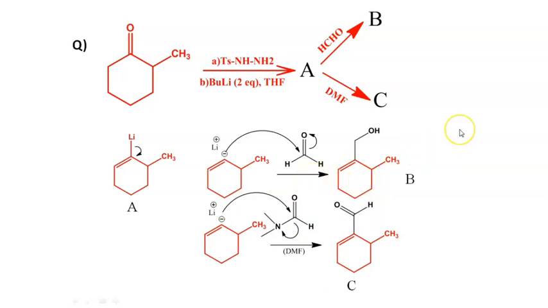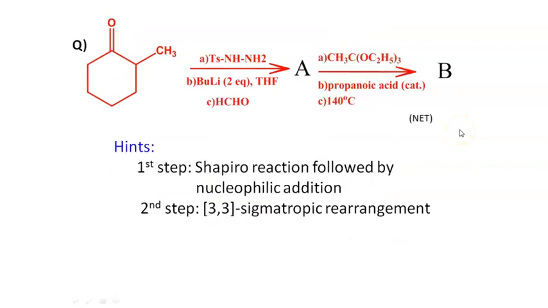Fine. So now I have a question for you. This is a previous year question of CSIR NET. I don't remember the exact year, but this is a previous year question of NET. So you have to tell me about products A and B. Well, I can give you some tricks. I can give you some hints about this reaction. So the first step is a Shapiro reaction followed by a nucleophilic addition reaction.